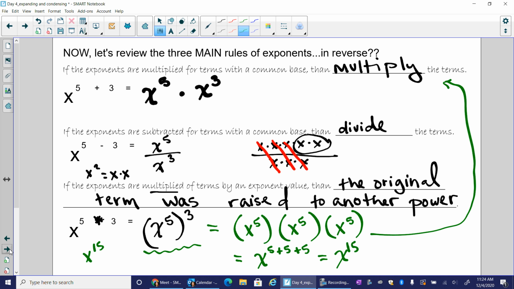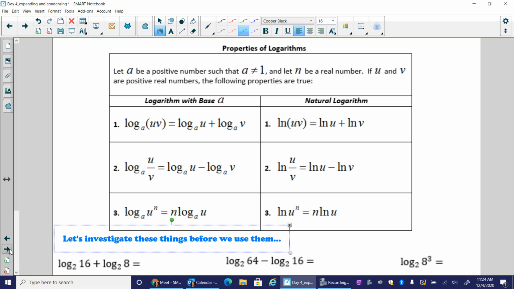So if I go to the next screen here, these are the properties of logarithms where a, the base, is not equal to 1, okay? That's because 1 is the multiplicative identity. And n here can be any real number, okay? So that's the multiplier out in front, our scalar that we're looking at.